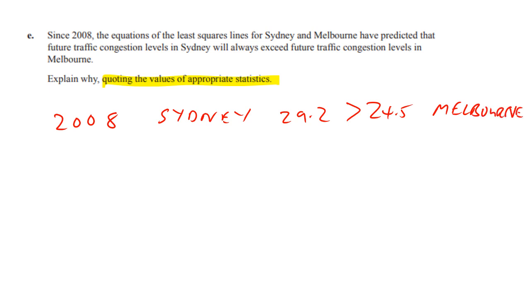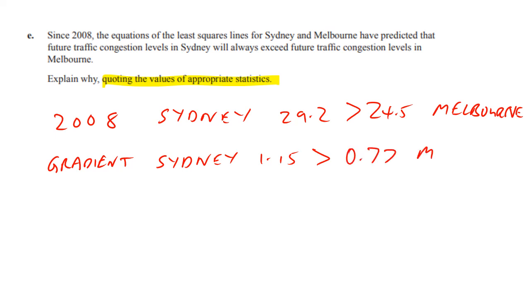And also the gradients are different. Of Sydney, we said that was 1.15, which is greater than the 0.77 of Melbourne. Remember, we've worked all those things out.